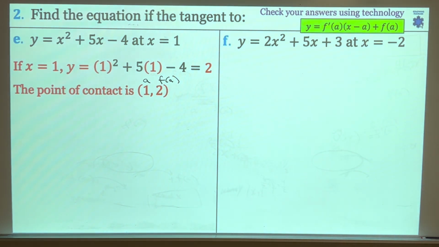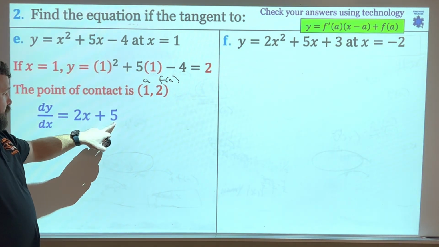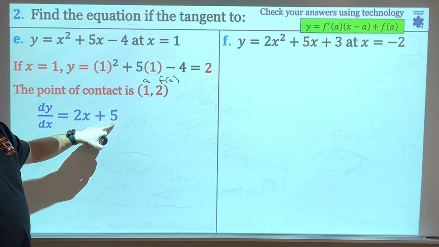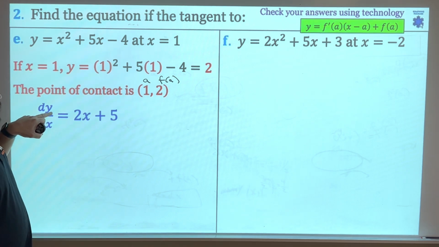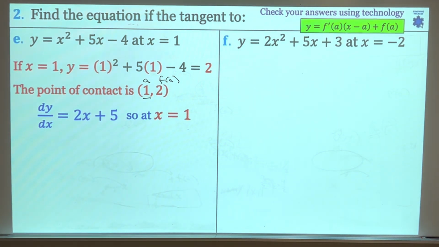So the derivative, y prime, is the same as f prime a. So what you do is you're going to derive that and you get 2x plus 5. 2x plus 5 plus 0, 2x plus 5. Right? You're going to take your a. Look at it. At x equals 1, 2 times 1 plus 5 is 2 plus 5, which is 7.